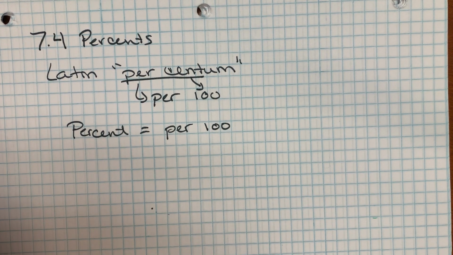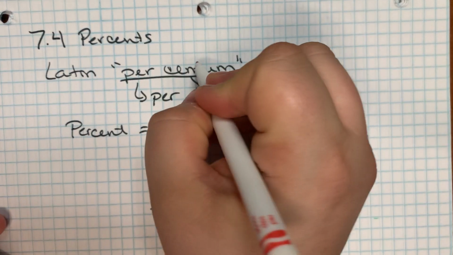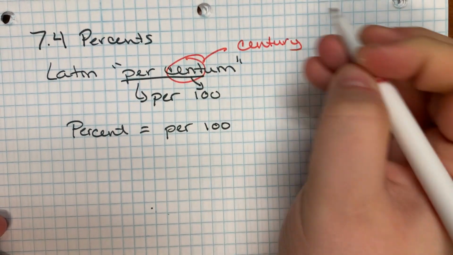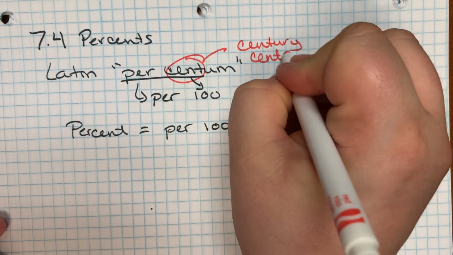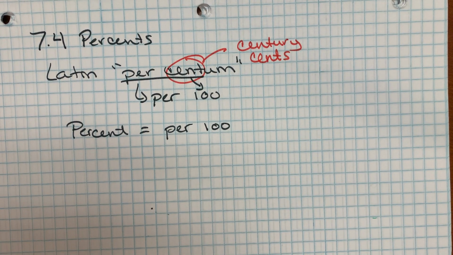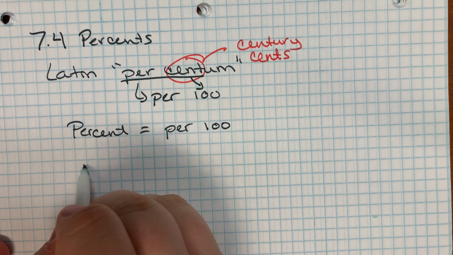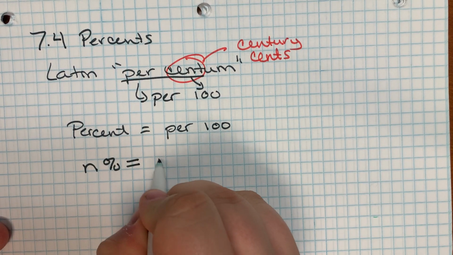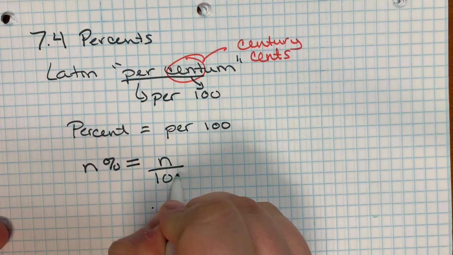And that word centum is where we get our root for things like century, which is 100 years, or cents, which is 100 of a dollar. And so n% is by definition n over 100.